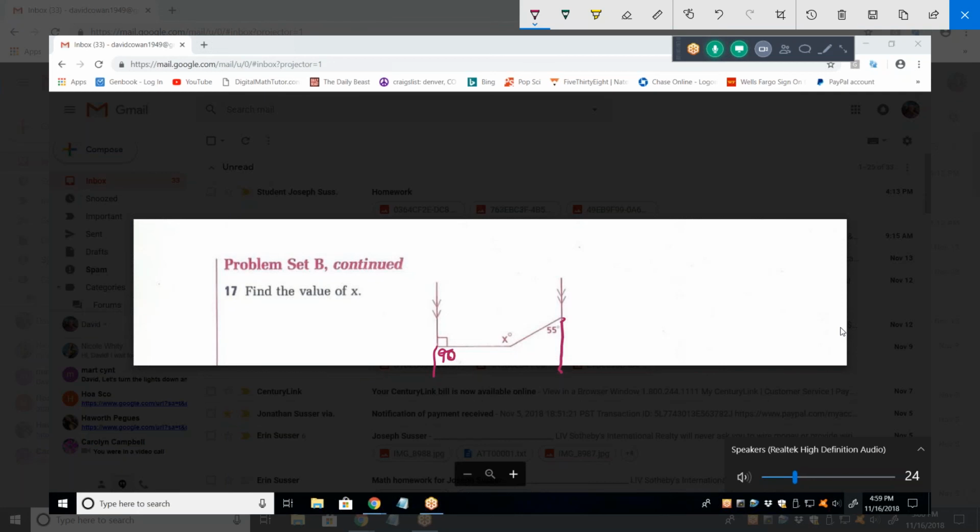If it's on the other side of that 90-degree angle, it's 90. So what's my X equal to? 90 plus 55. Yep. It's an easy way to do it.